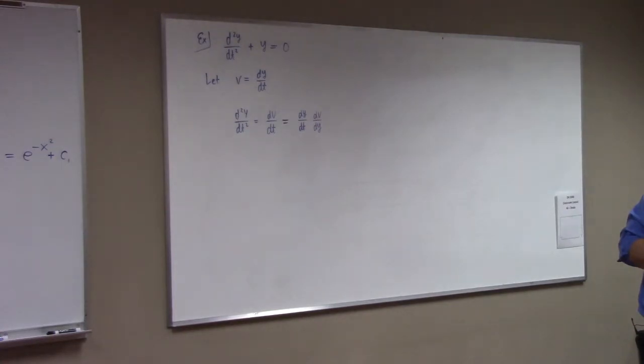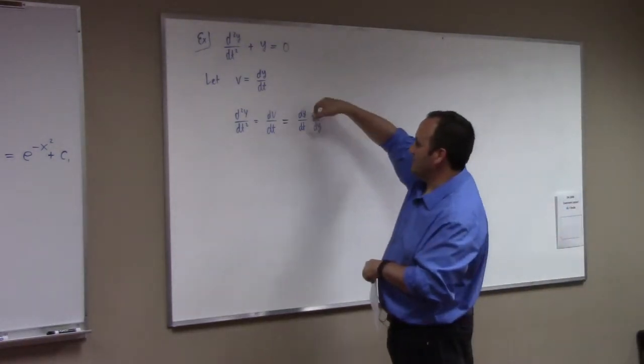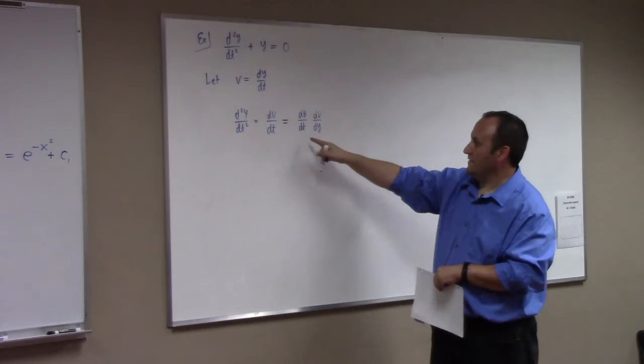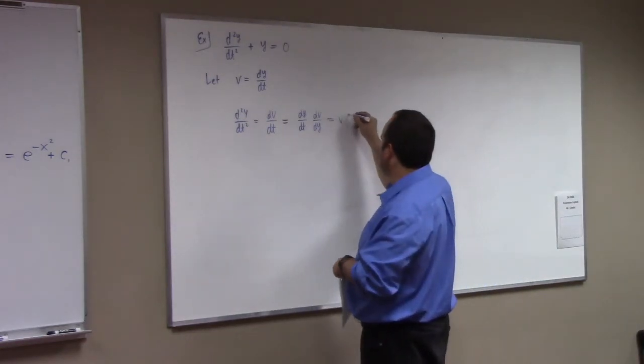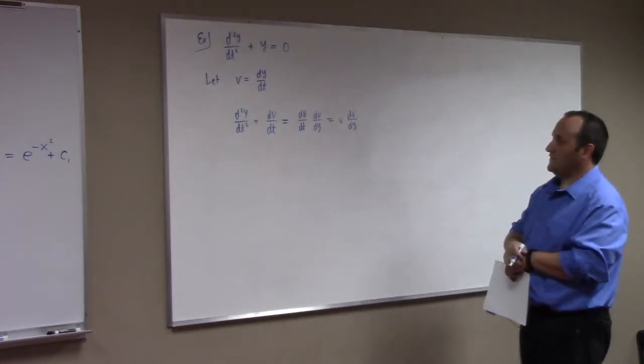Then the chain rule relating velocity as a function of time to velocity as a function of position is exactly this. But this is v dv dy, which I love saying. So in other words, the acceleration is v dv dy.